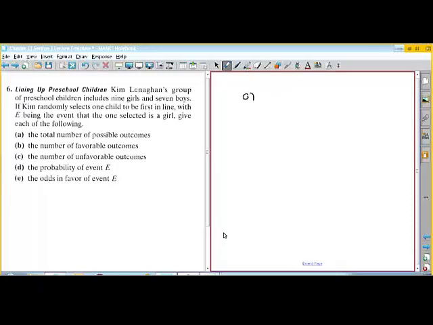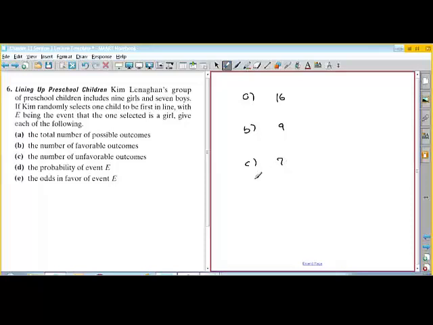So I'll just do the answers over here. A, what is the total number of possible outcomes? 16, because there are 16 children. B, the number of favorable outcomes, 9, because the girls are favorable in this case. C, the number of unfavorable outcomes, 7.